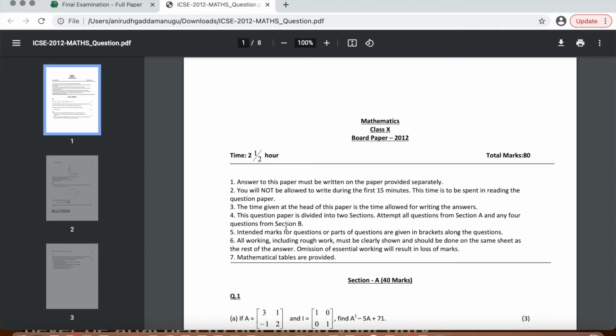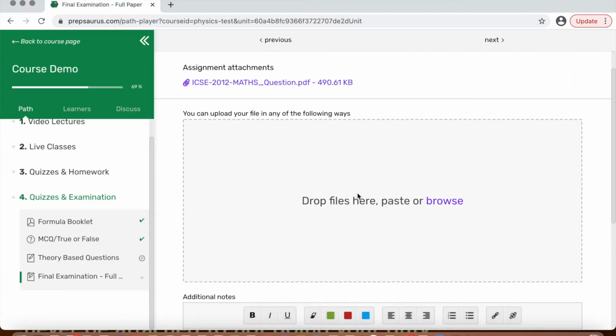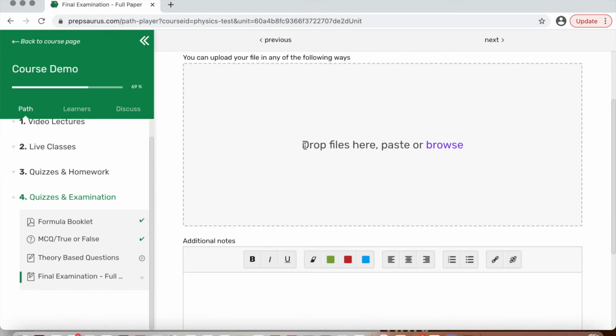The system has a capability where the question paper is available at a particular time and the student has 2.5 hours to submit the answer. This will be done at the end, at the student's end, where they will solve it on a piece of paper, take photos, upload it.